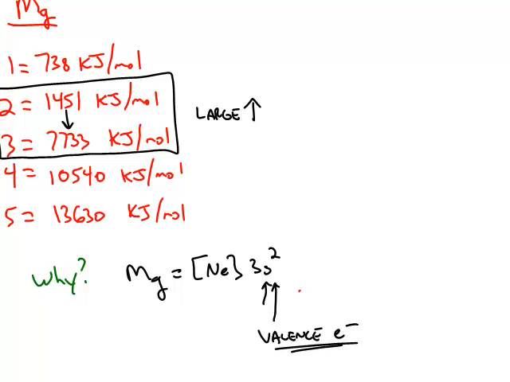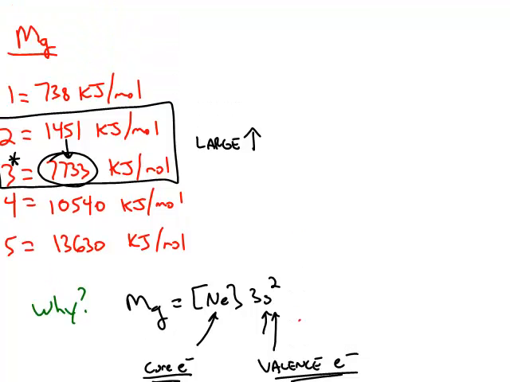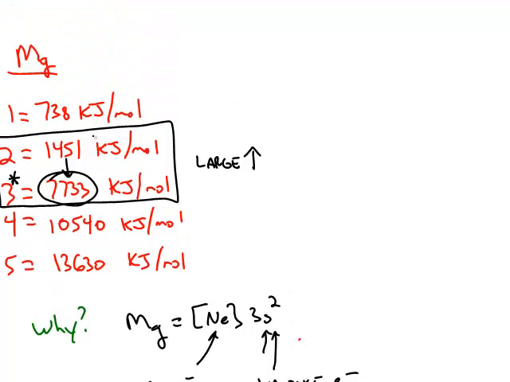Once we get to removing the third electron, this 7,733 value, now we have to remove core electrons. So if you're given a series of ionization energy data, you want to look for a very large increase, and that'll tell you when you're shifting from valence electrons being removed to core electrons being removed.